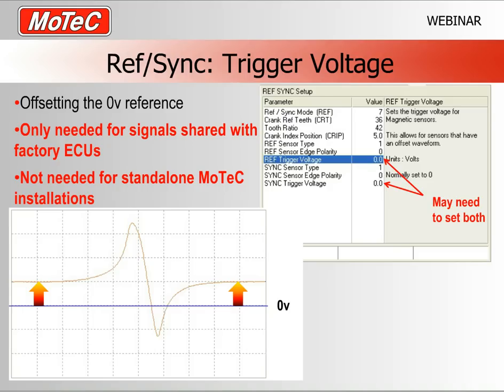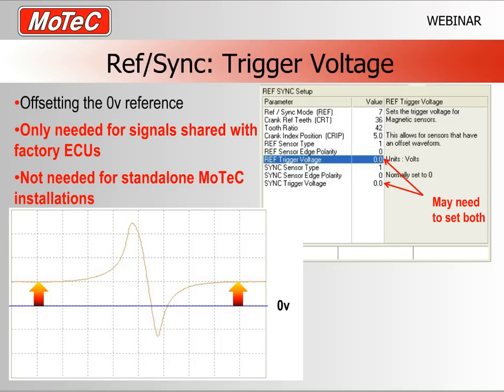Trigger voltages. Again, this will only ever appear if you have a piggyback system. So you've got the Motec sharing ref and sync information from a factory ECU. So basically, some of the factory ECUs will move the baseline, or instead of triggering the system at 0 volts, they might trigger it at, say, 1 volt.